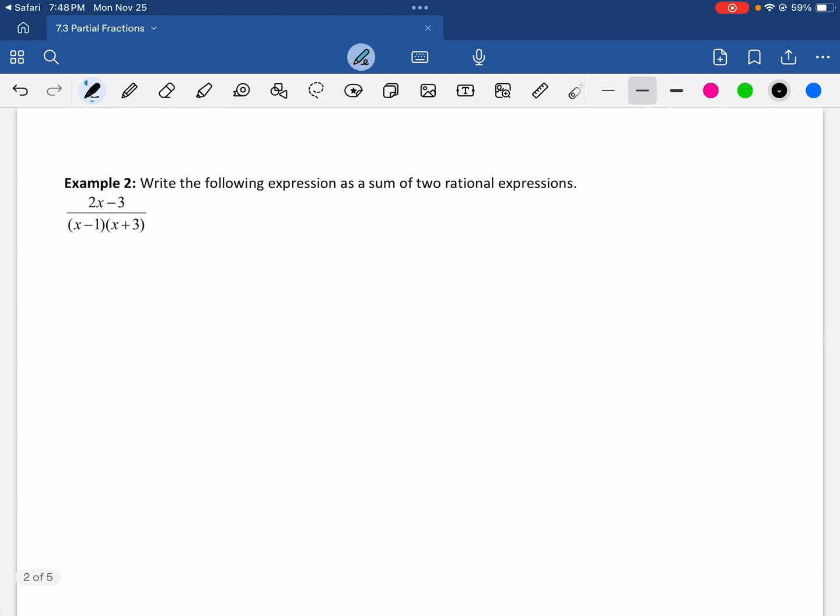So let's start this process. It says write the following expression as the sum of two rational expressions. We know it's going to be two rational expressions, so it's going to be something, and I'm going to call it A, over part of that denominator, plus something, we'll call it B, over the second part of our denominator.